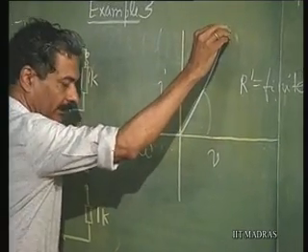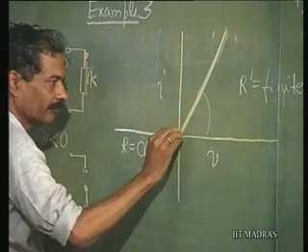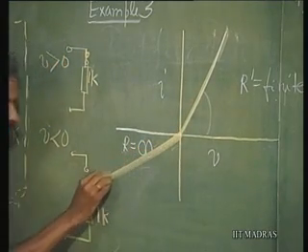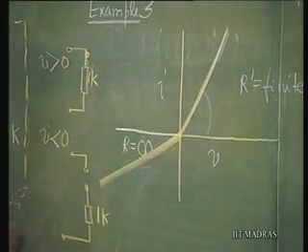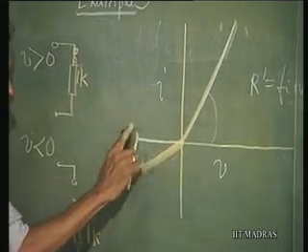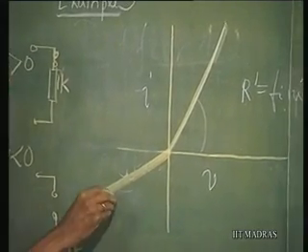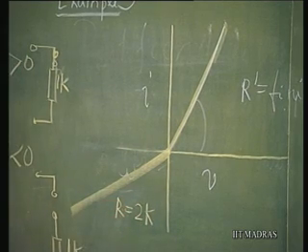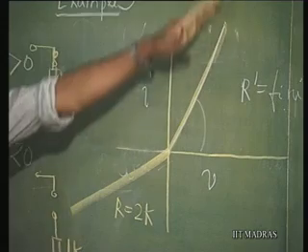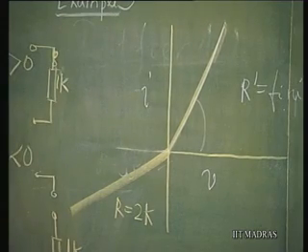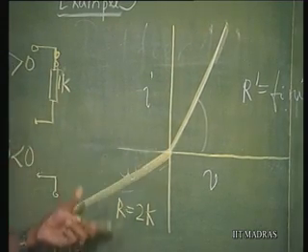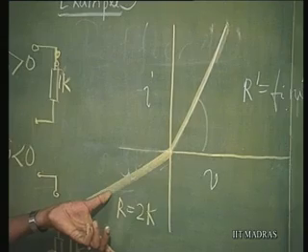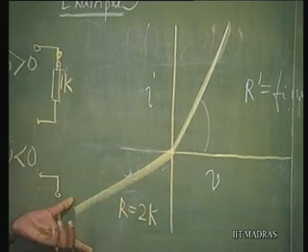In the forward direction it is going to be 1 K, in the reverse direction it is going to be 2 K, not any longer this R is equal to infinity. So, R is equal to 2 K. So, how do I get it? Now, in the forward direction this is going to govern the resistance 1 K. In the reverse direction I had to bring in a 2 K, I had to make another diode conduct.